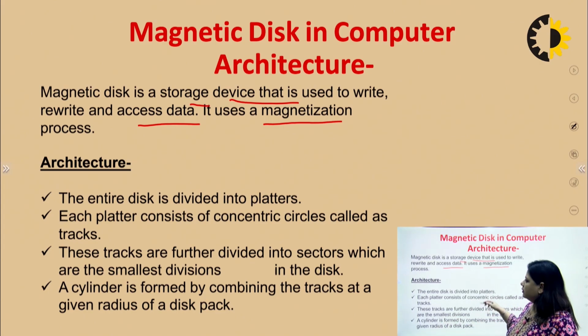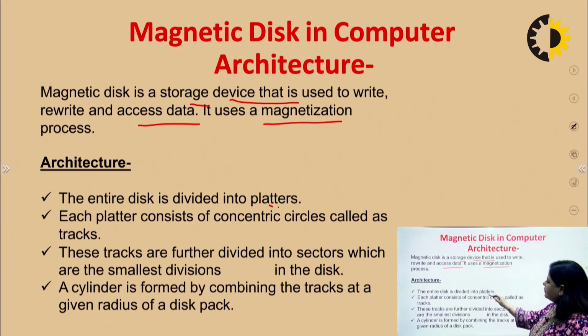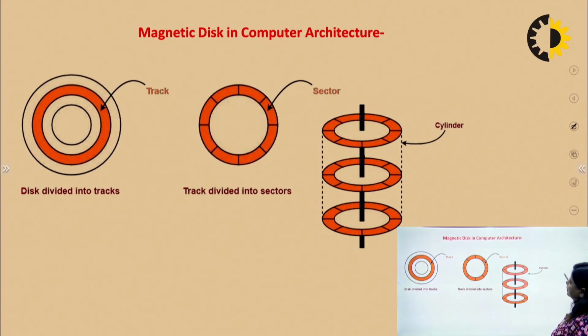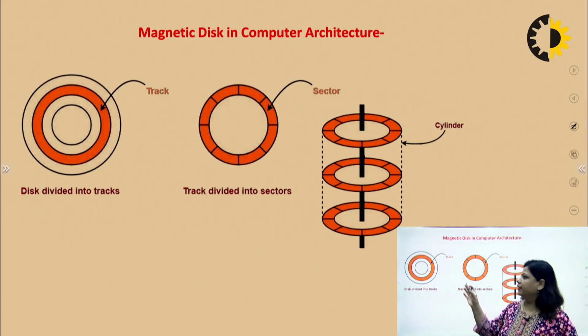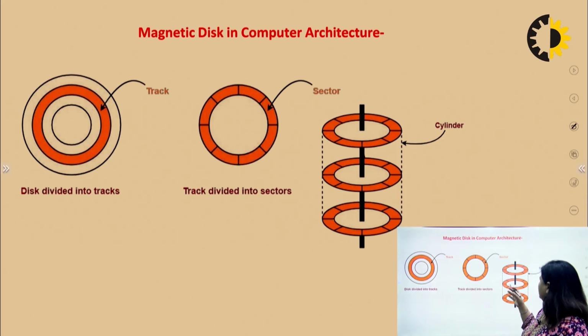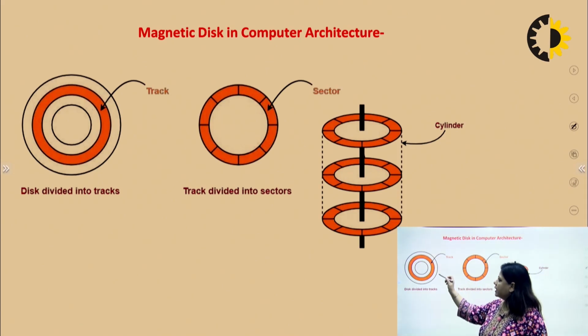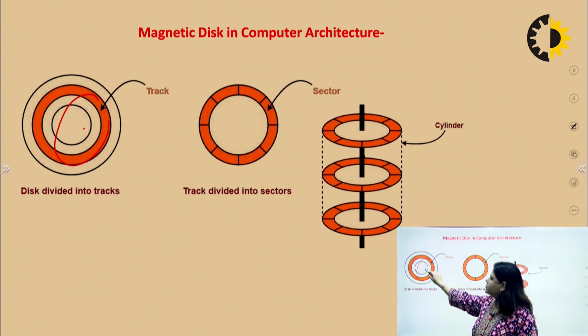Now what is the architecture of magnetic disks? The entire disk is divided into platters. Let us see this in an example. A particular disk is divided into tracks. There are so many tracks, this track and this track.